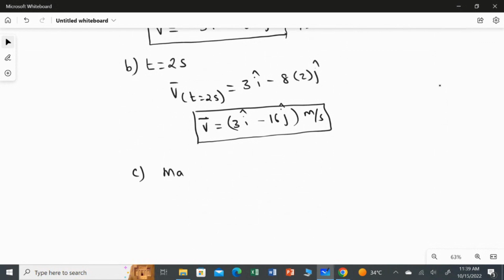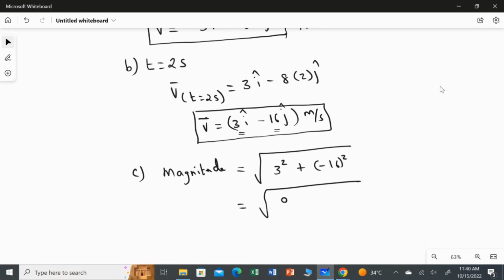The magnitude of this electron velocity is equal to the square root of, this is our x value, this is our y value, 3 square plus minus 16 square. 3 square is 9, and 16 square is 256.